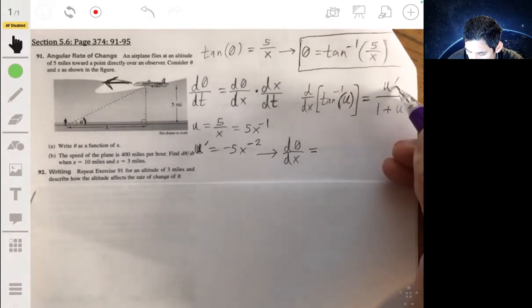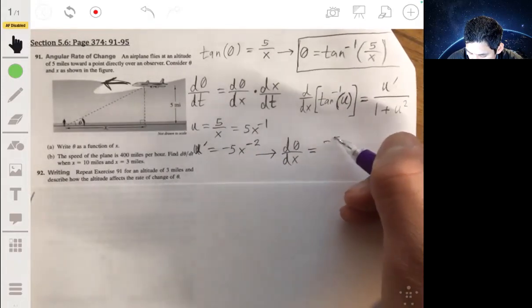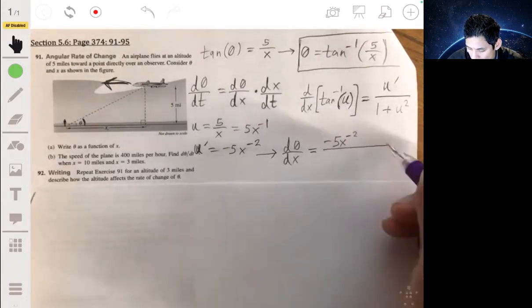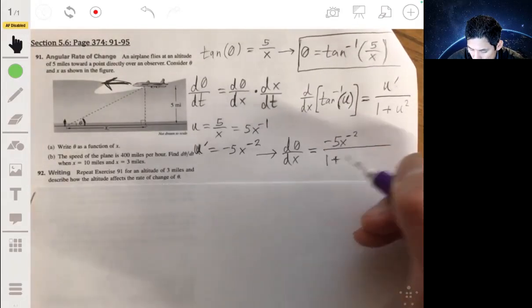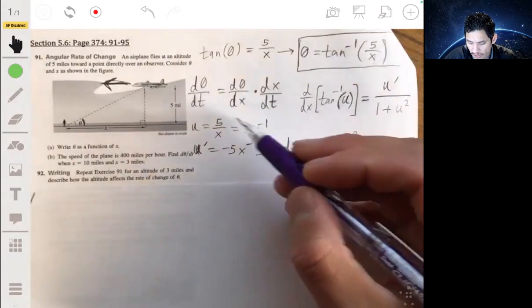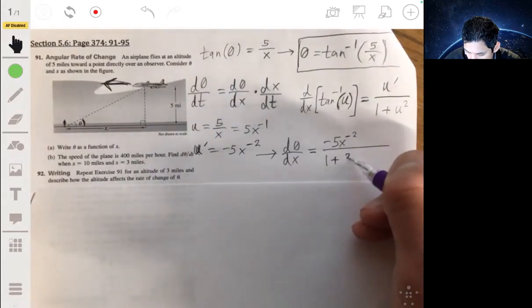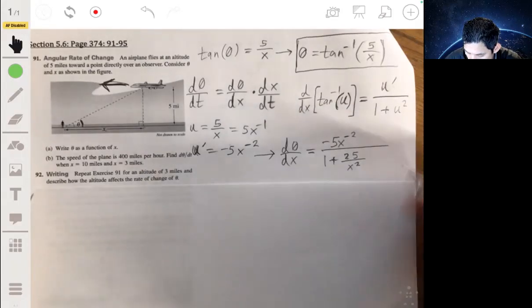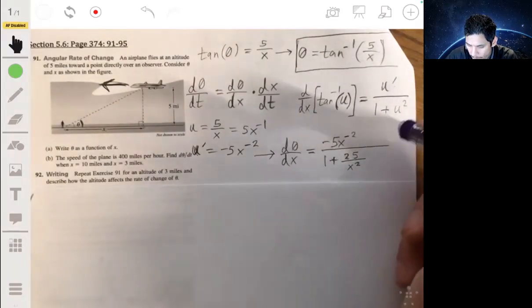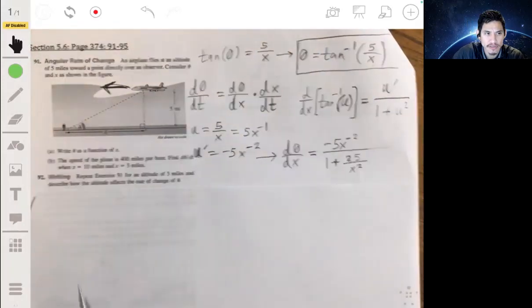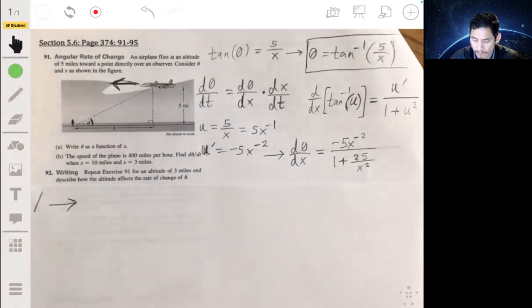That'll be u prime, or negative 5x to the negative 2, all over 1 plus u squared. U is 5 over x, so u squared is 25 over x squared. Let's carry this over to the next line.